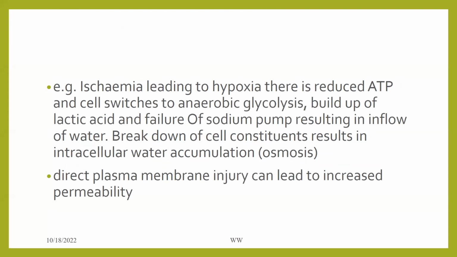If there's no effective flow, the cells will not get adequate oxygenation through the oxygen carried by the hemoglobin. They will not get enough nutrients, building blocks, which are within the blood, and therefore you won't get what is required for the production of ATP. And what happens is that there will be reduced ATP production, and the cell now is forced to switch to anaerobic glycolysis.